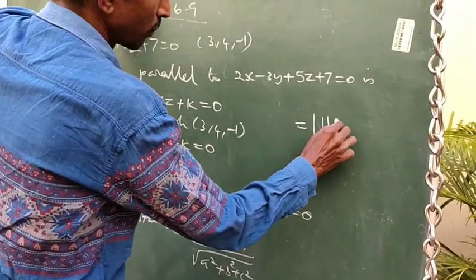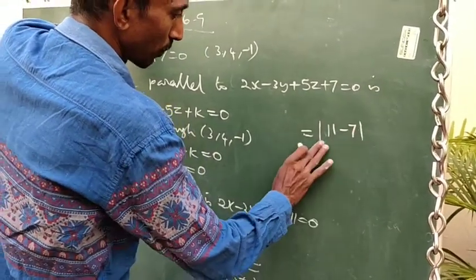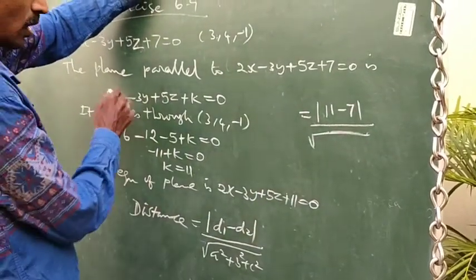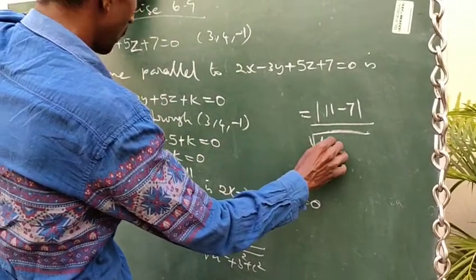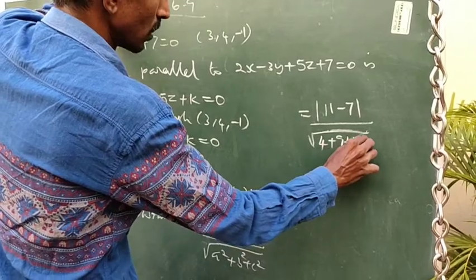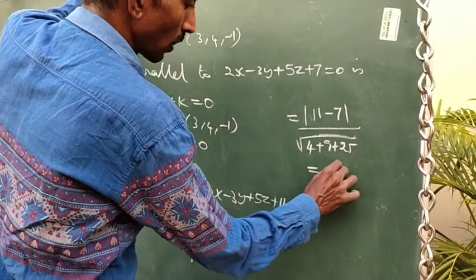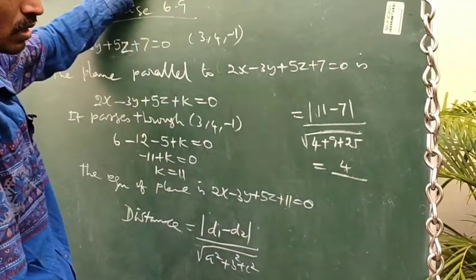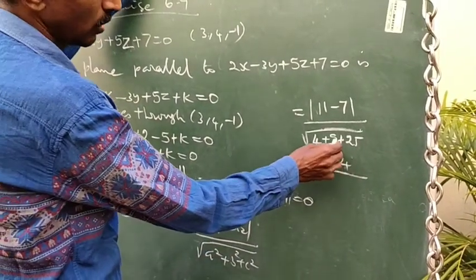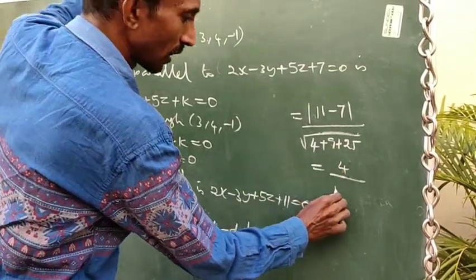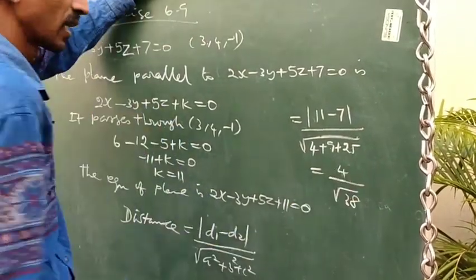So, 11 minus 7 divided by the root of 2 square, 4, plus 9, plus 25, that is 38. So, 4 divided by square root of 38.